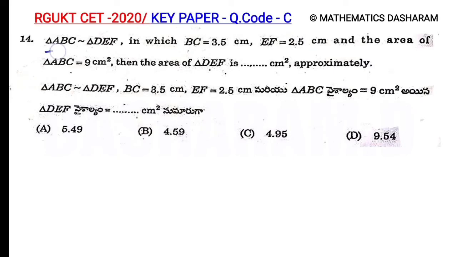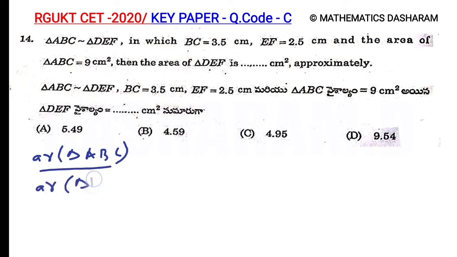14th question, triangle ABC is similar to triangle DEF. BC and EF, 2 values are given. Area of triangle ABC is also given. Then what is the area of triangle DEF? If 2 triangles are similar, then we have one property: the ratio of the areas of 2 similar triangles is equal to the square of the ratio of their corresponding sides.